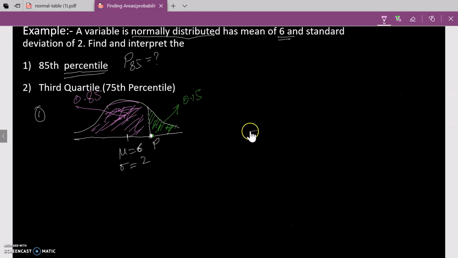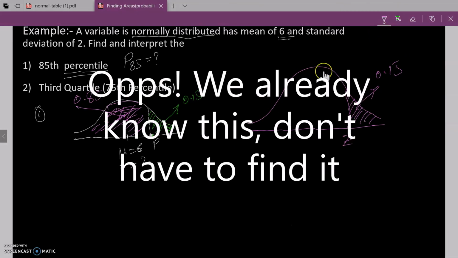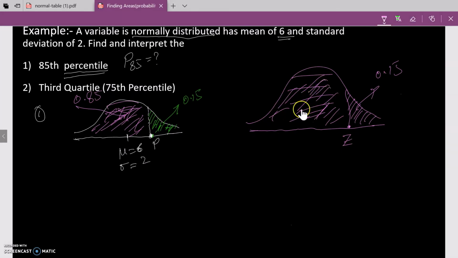Actually, what we have to find, let me convert this into a standard normal curve. What we are asked to do is like this. This is the z-score. First we have to find the z-score. This area is 0.15, and we have to find this z value such that this area is 0.85.